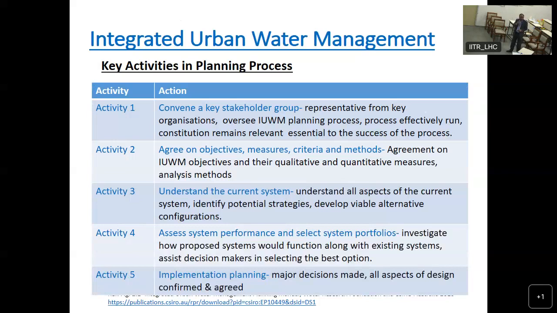Those who will be involved, those who will have a benefit, or any regulatory aspect of it, they will be looking for. And even the community representatives, they all should be coming together to understand the planning process, how we are going to plan the integrated water management system for their community, for that particular reason.